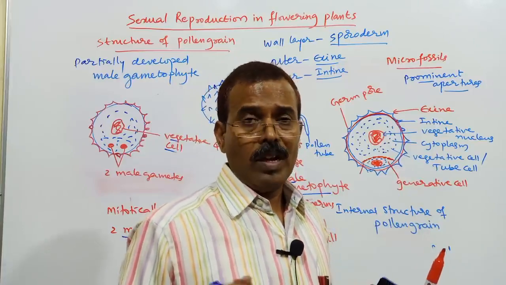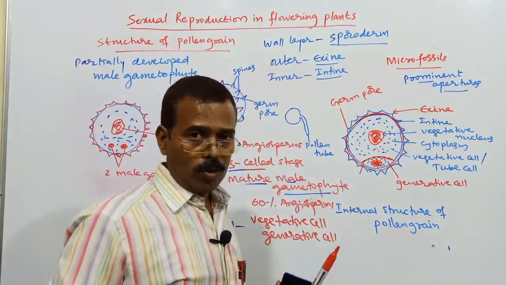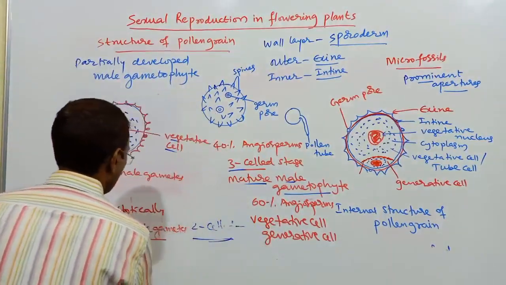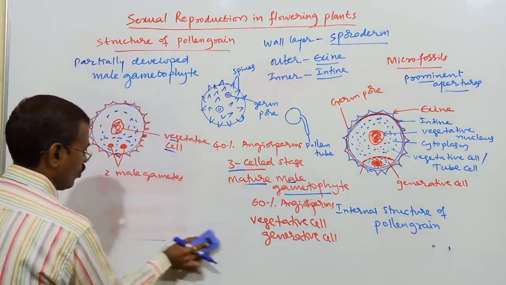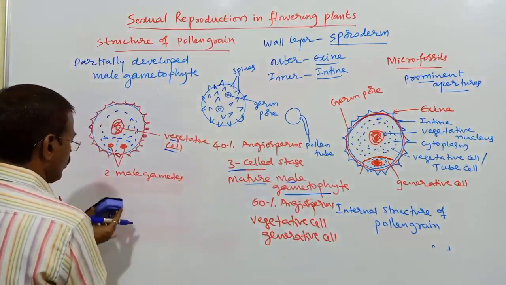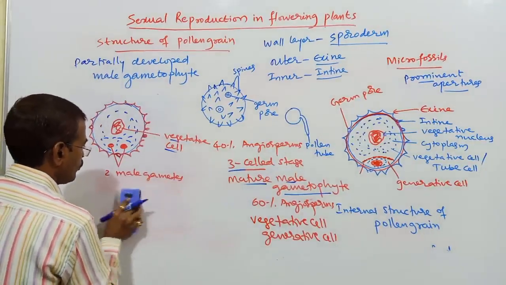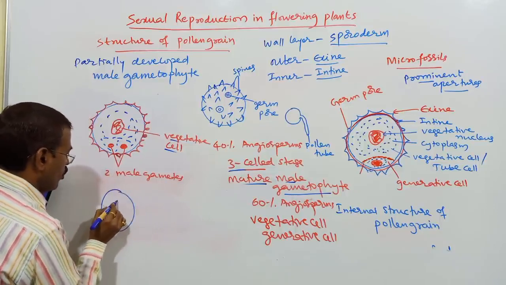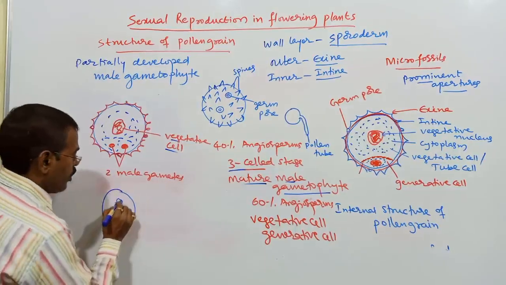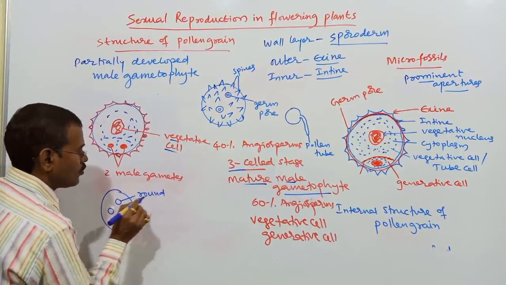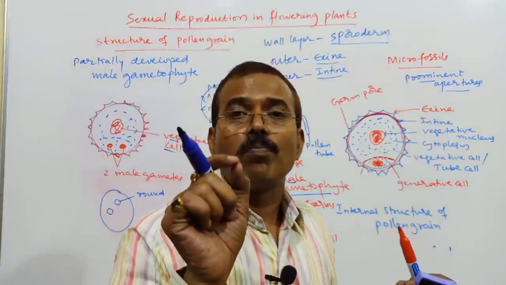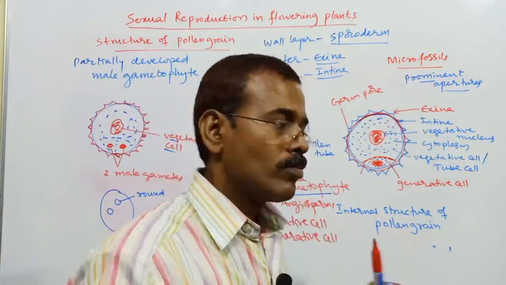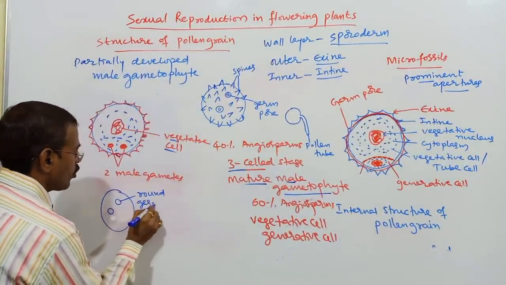Remember this. I told you about the germ pore. We use the term germ pore if these apertures are round. That prominent aperture which is present on the exine layer, if it is round, usually we call it a germ pore.